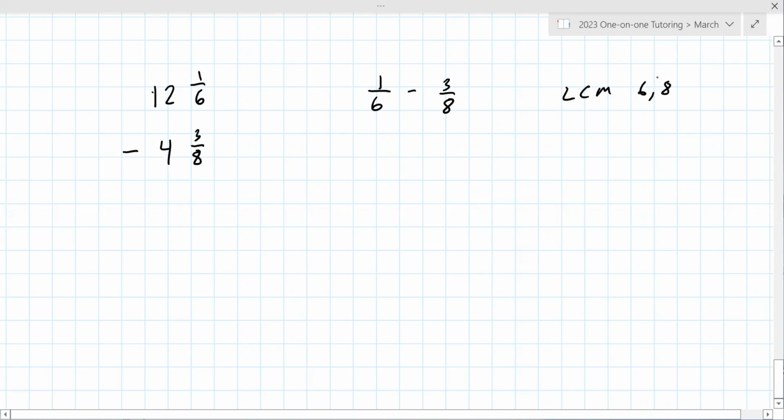Yeah. 12. It can't be 12. Here's why, because 8 does not go into 12.